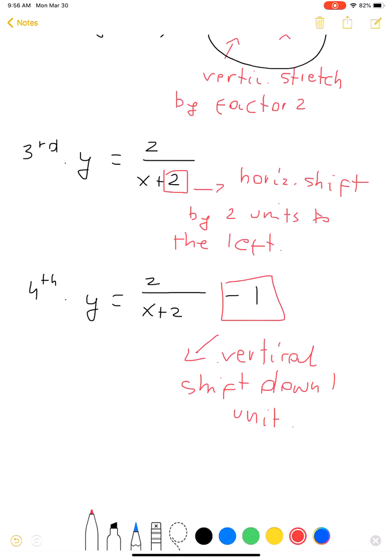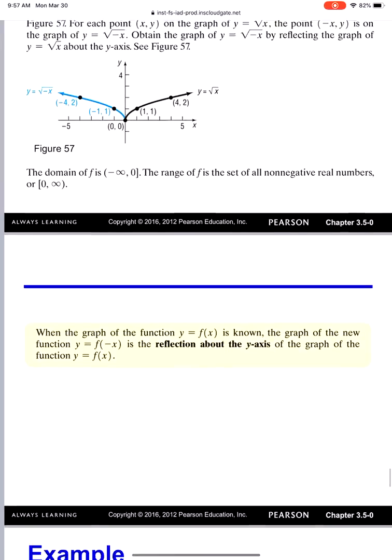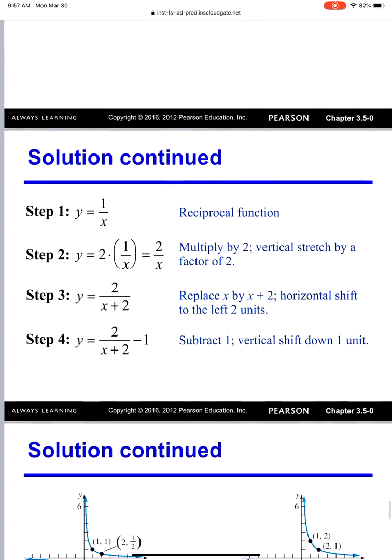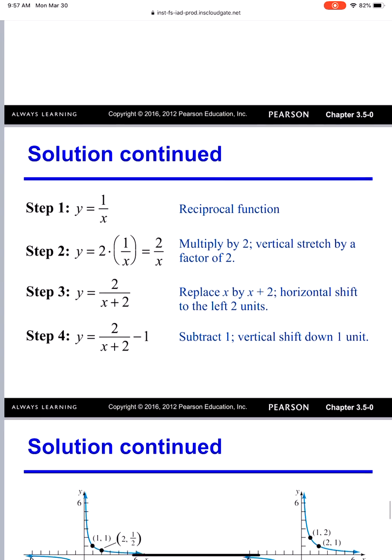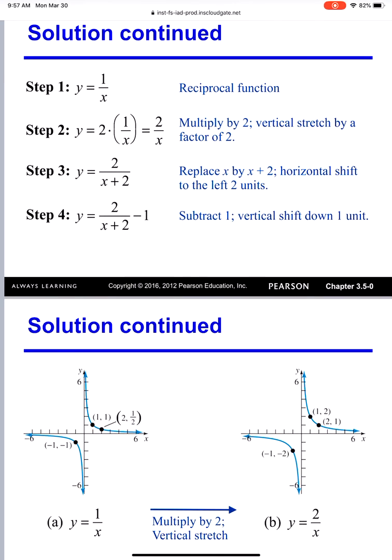And to graph that, I will just go back to PowerPoint because they already graphed it. What is important for me is that you can actually do those steps. You can build the given function starting from the original function and explain all the transformations. So in step 1, you see y equals 1 over x, the reciprocal function.